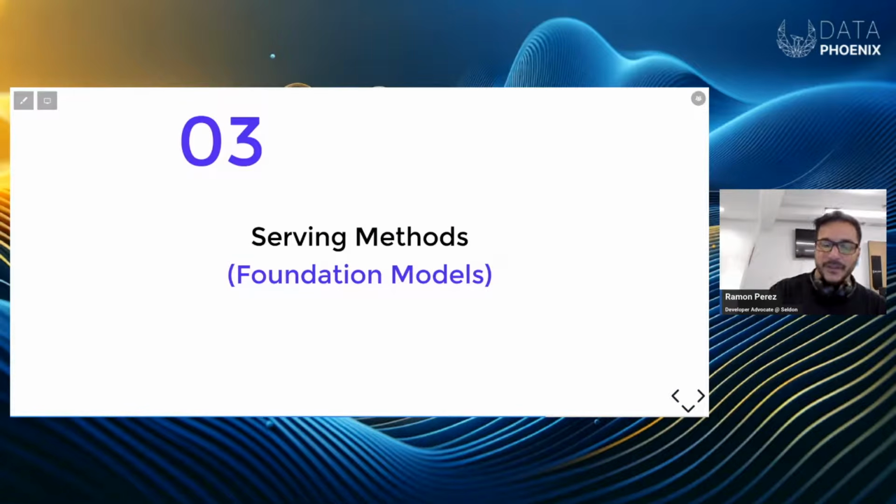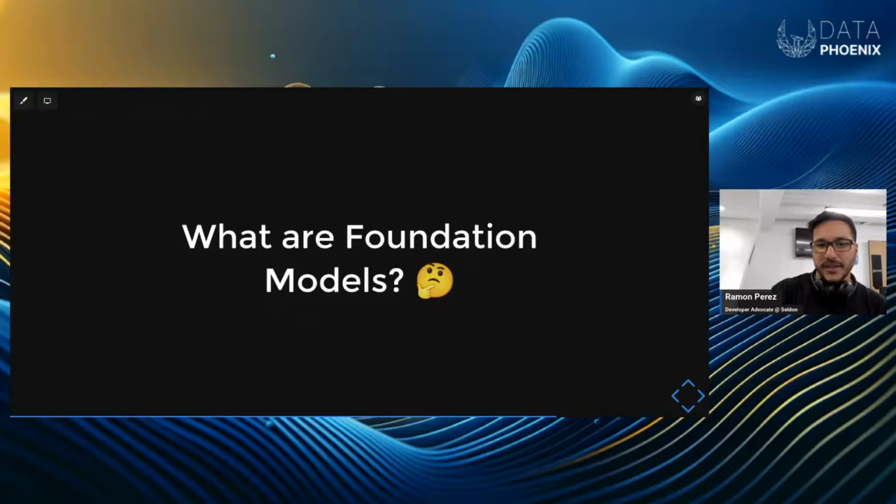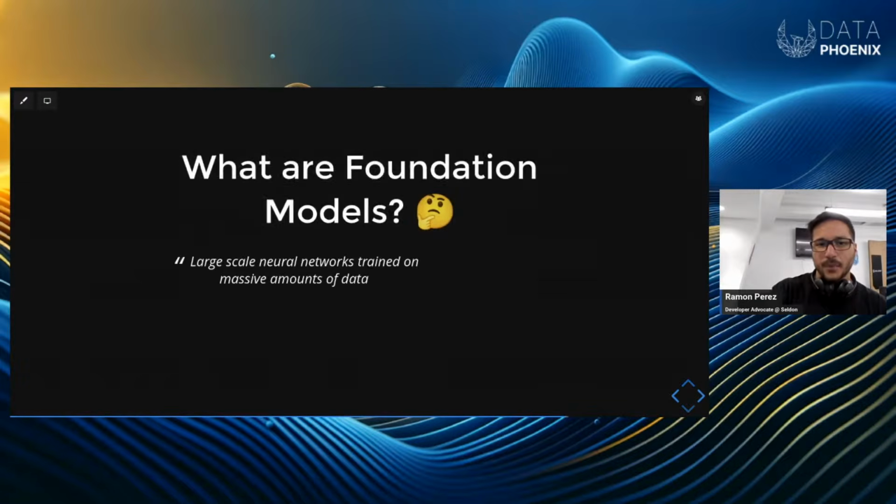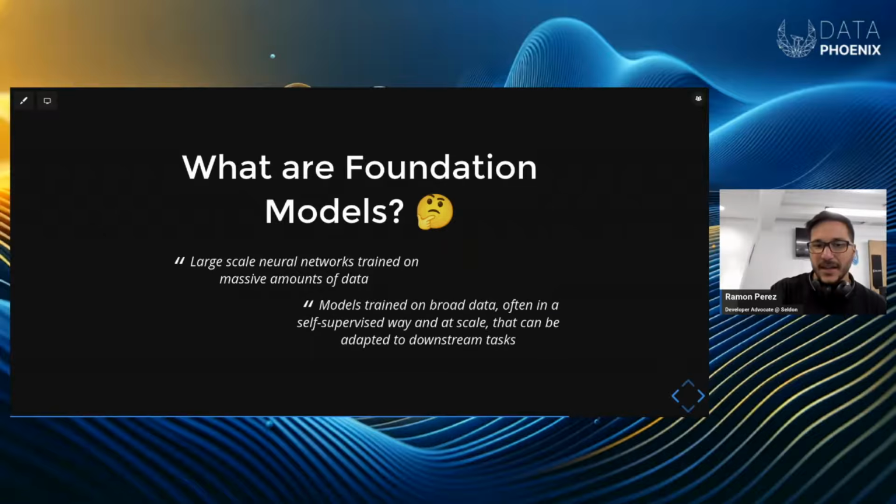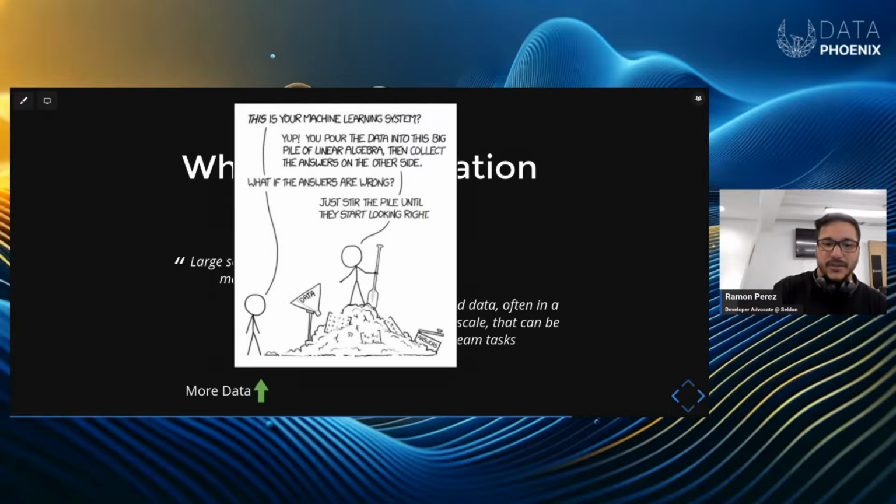And now to the foundation models. So what is a foundation model? These are large-scale neural networks trained on massive amounts of data. You can also think about them as models trained on broad data, often in a self-supervised way and at scale, that can be adapted to downstream tasks. So what do we mean by that?